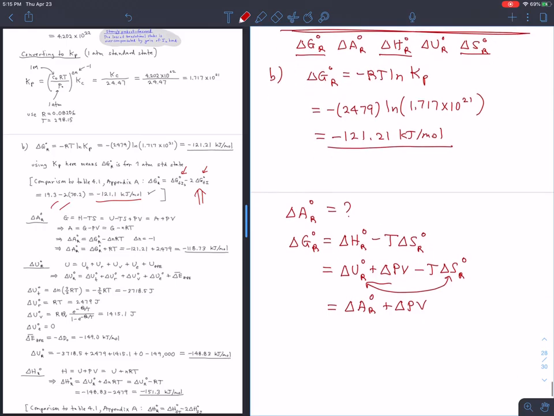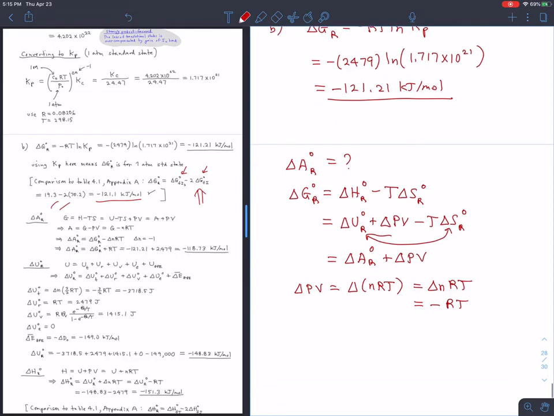What's delta PV in this case? Well, it's an ideal gas, so delta PV is equal to delta nRT. T is a constant, so that's the mole number change times RT, and the mole number change is minus 1, so that's just minus RT. So overall we have delta A of reaction is equal to delta G of reaction, switching this over to the other side, plus RT.